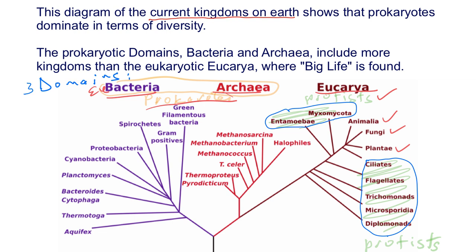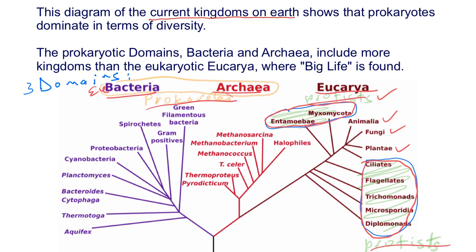These guys are kind of like fungal, like protist. These guys are like animal, like protist. So we really have, here's a protist, and here's other. So we have 1, 2, 3, 4 kingdoms of eukaryotes. Okay, and then we already talked about Eubacteria and Archaea.